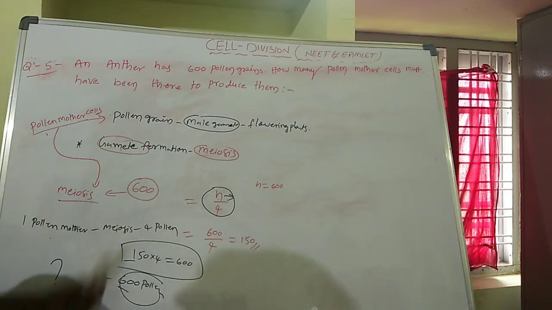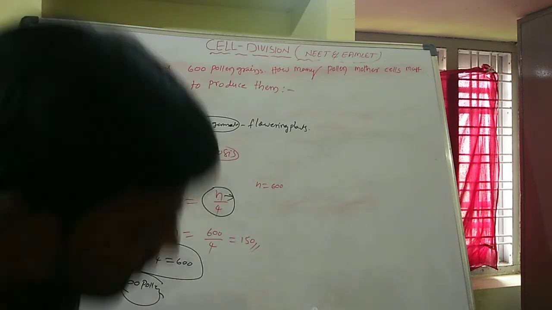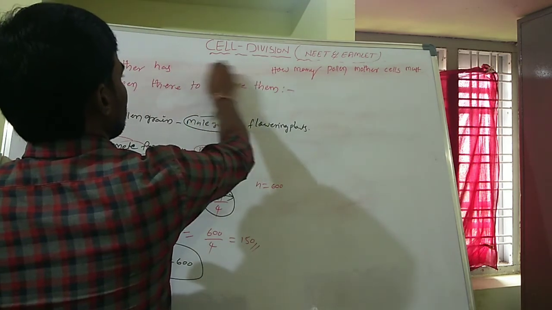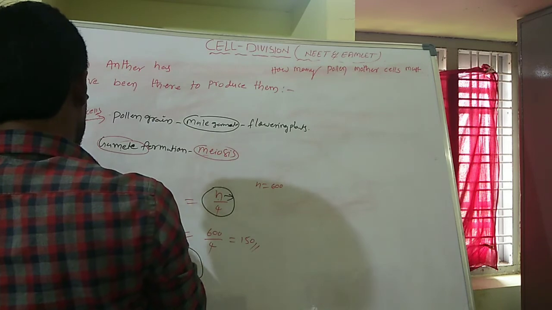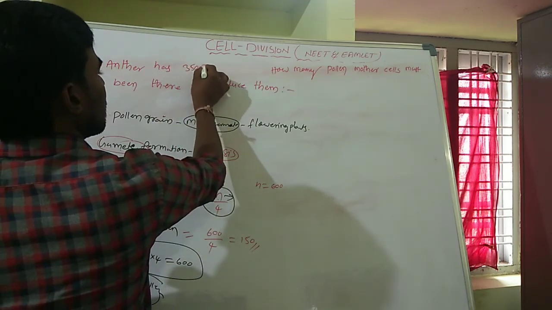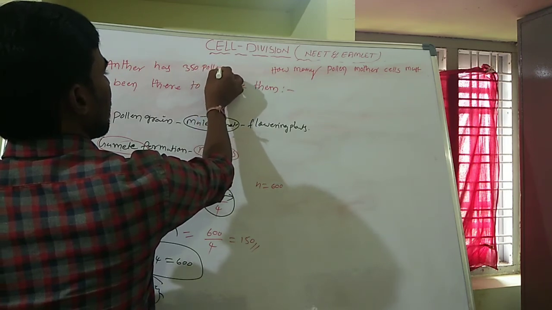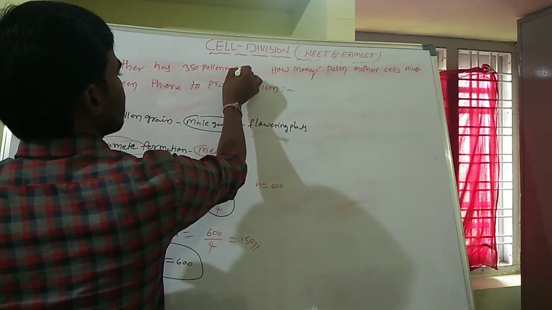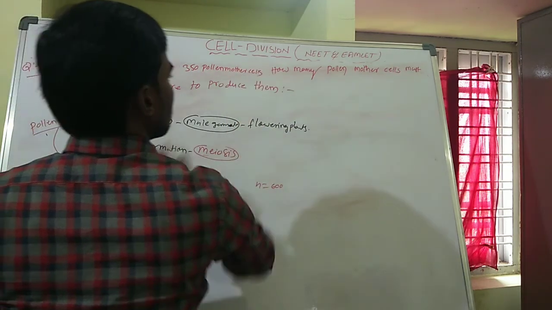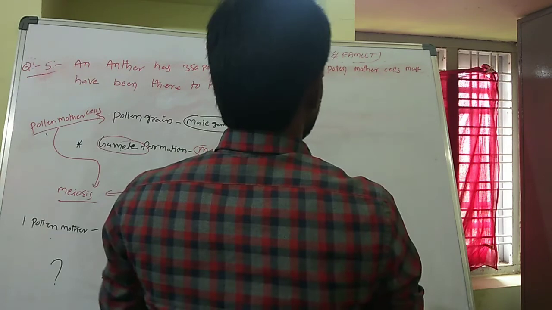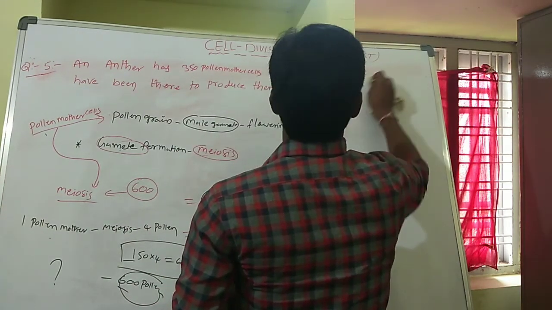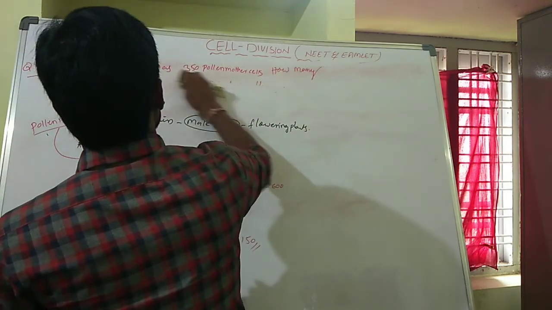Sometimes you ask a different method. Like sometimes you are given 350 pollen mother cells. You are asked to find out the pollen grains.